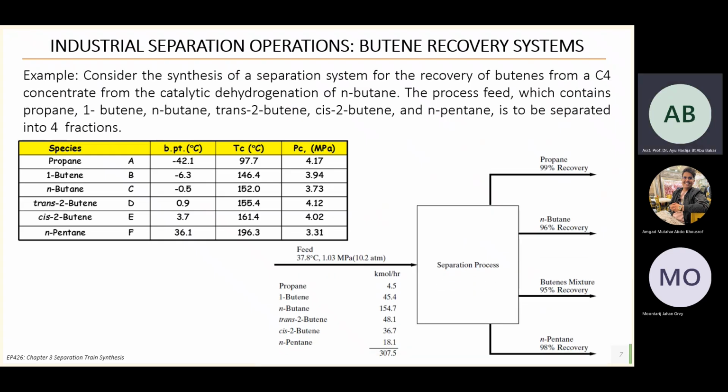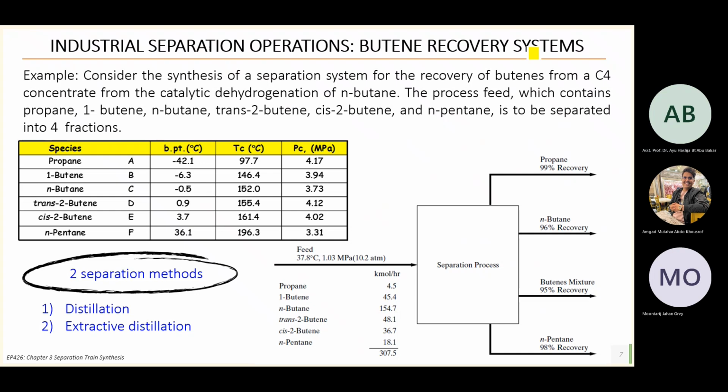Okay, we use this butane recovery system as an example, where it asks to consider the synthesis of a separation system for the recovery of butane. Okay, recovery of butanes from a C4 concentrate from the catalytic dehydrogenation of N-butane.